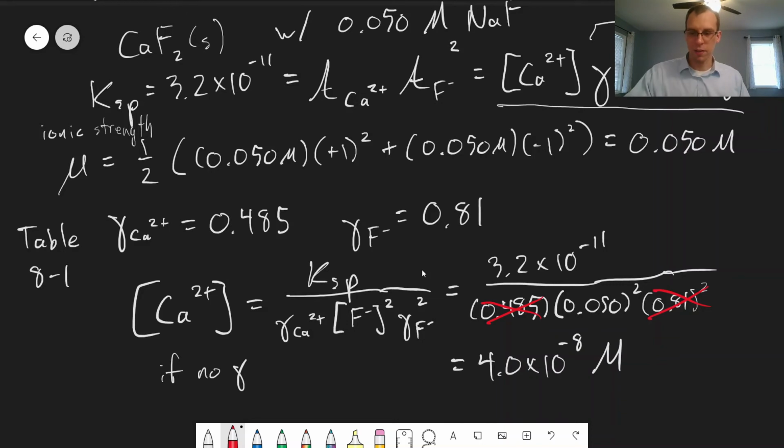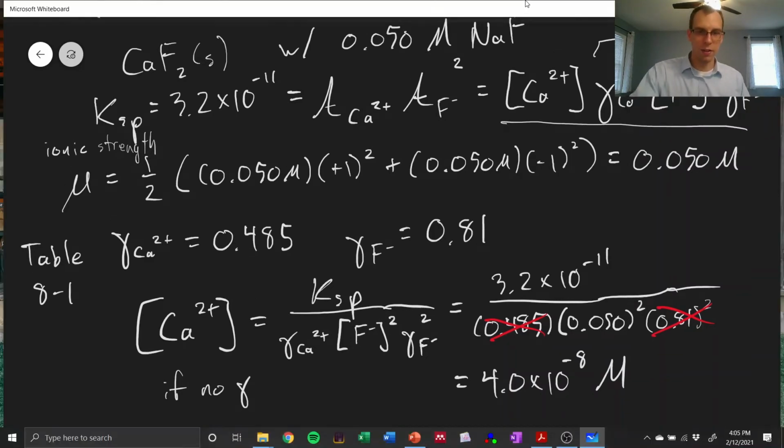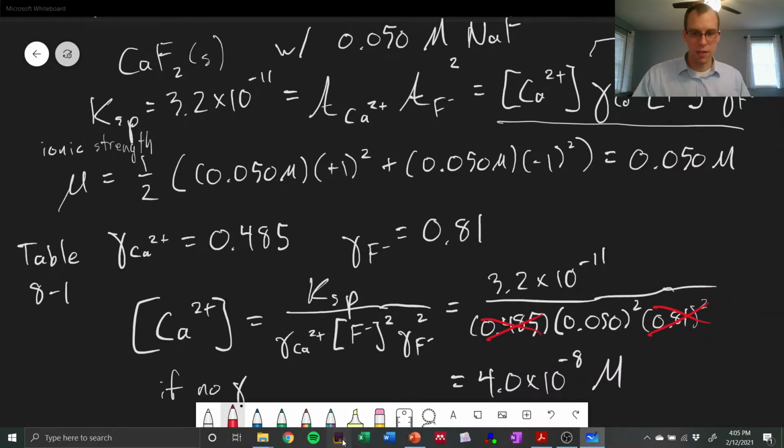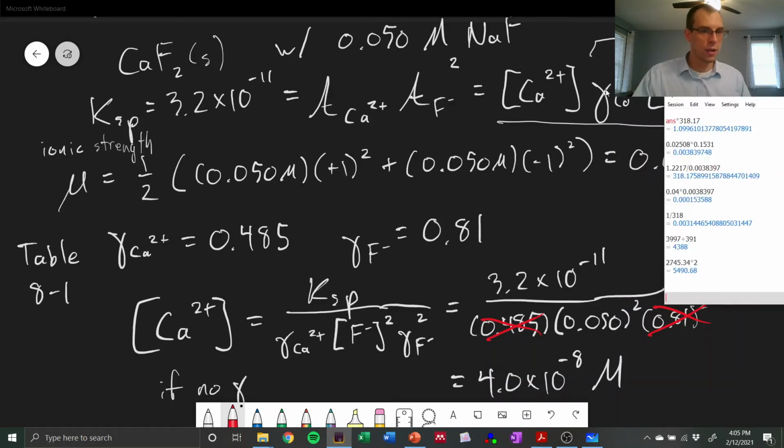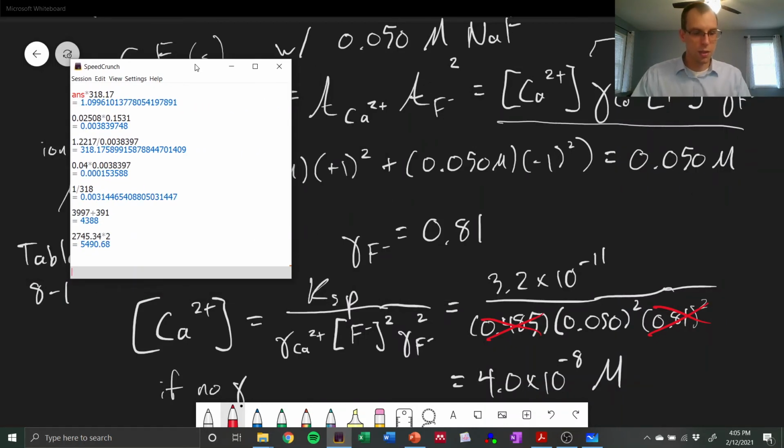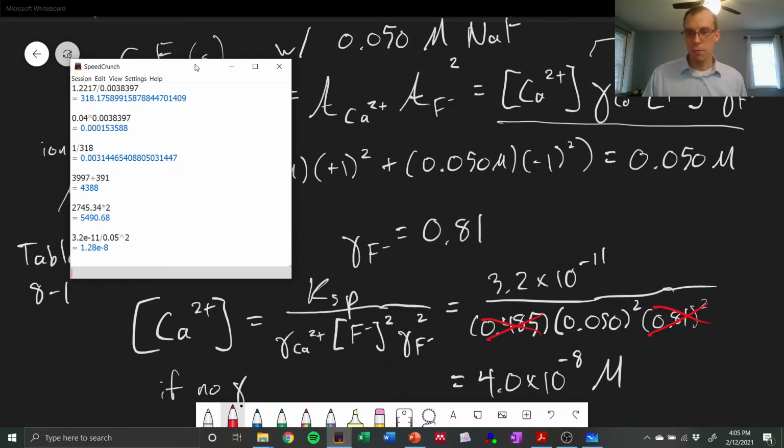This one I haven't calculated in advance, so let me pull up my calculator and we can see how much of a difference this makes. So 3.2 times 10 to the minus 11 divided by 0.05 squared, and we get 1.3 times 10 to the minus 8.